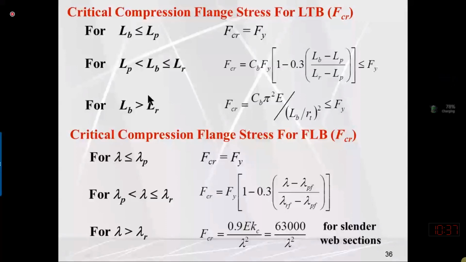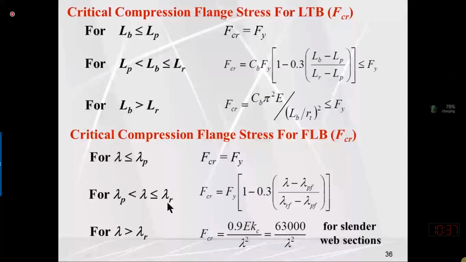Similarly, out of these three formulas, this formula will not be applicable, because our flange will always be either compact or non-compact. So we will check the lambda f value with lambda p. If lambda f, which is bf over 2tf, is less than lambda p, which is 10.8, then our flange will be compact, so the flange will always fail due to yielding. But if lambda f is more than lambda p but less than lambda r, we shall determine the FCR value based upon this parameter.